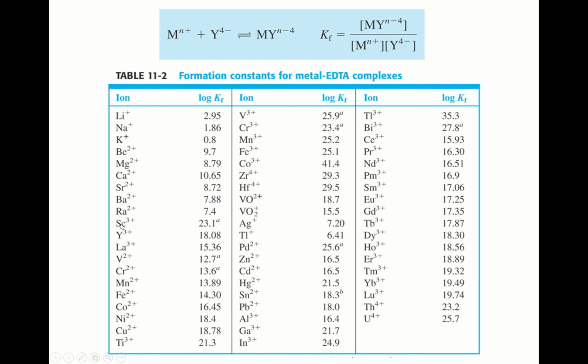And for the trivalent metal ions, the increase is even much higher, to 23.1. Looking at these values, you can conclude that the Kf value is usually really big, very high, except for several monovalent alkaline atoms.